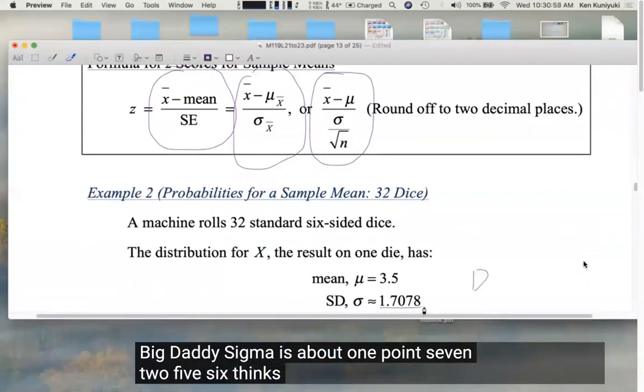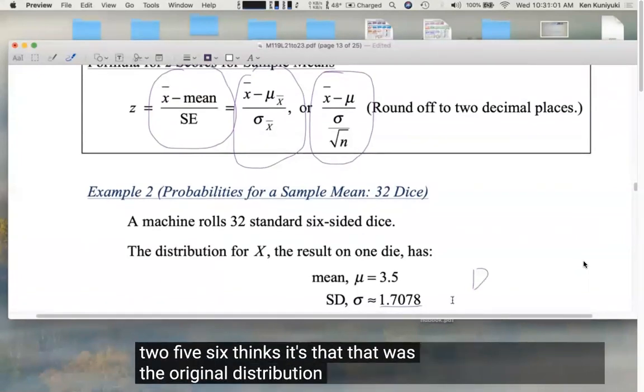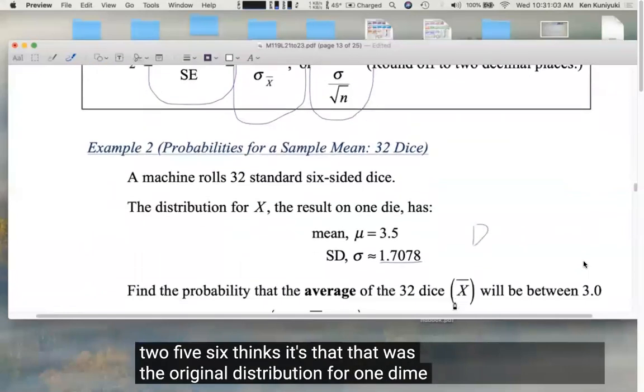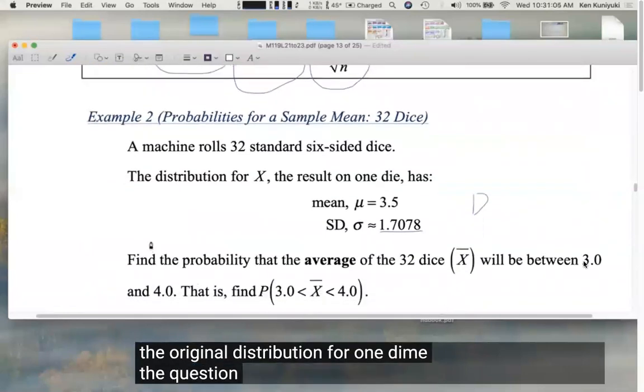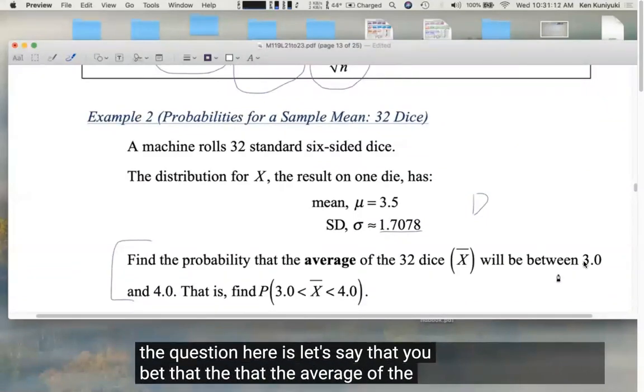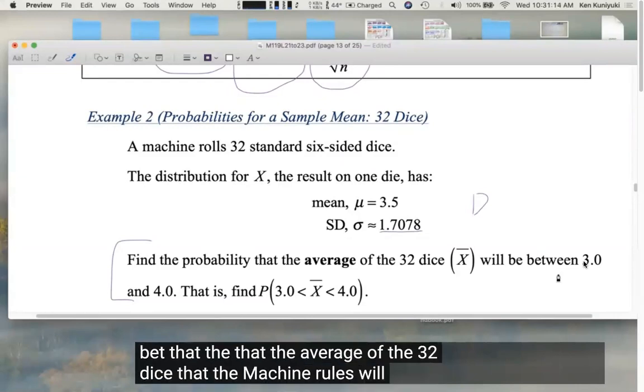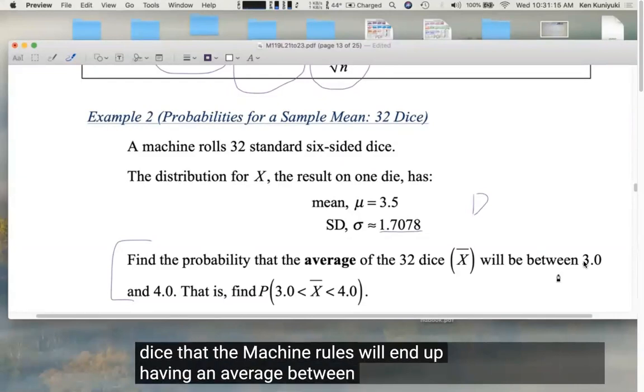To 5 sig figs, it's that. That was the original distribution for one die. The question here is, let's say that you bet that the average of the 32 dice that the machine rolls will end up having an average between 3.0 and 4.0.